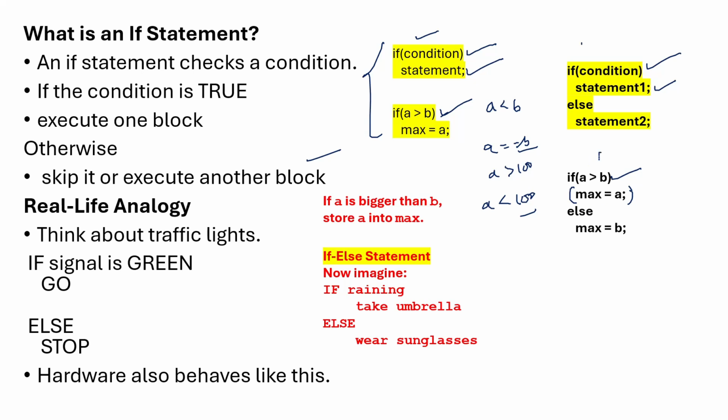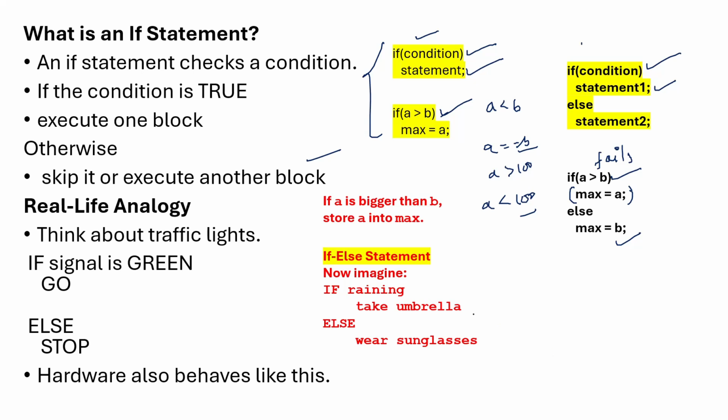If this condition fails, what happens? Then I get that the maximum value is B. The condition is A is greater than B. If one person is higher than you, that person gives you the highest value. If that condition fails, the other person takes the place.